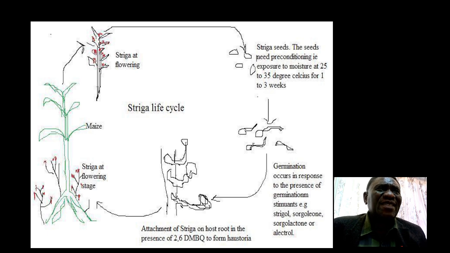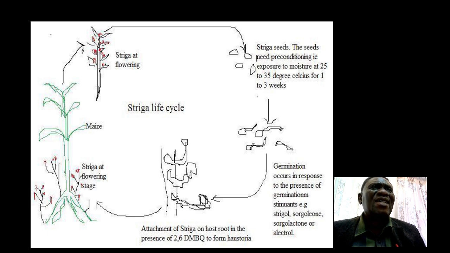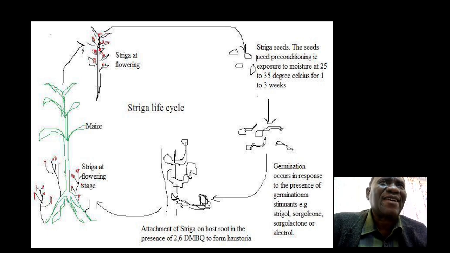One of the host initiation factors which was clearly identified is known as 2,6-DMBQ, which allows the attachment to take place to form what is known as the haustoria.